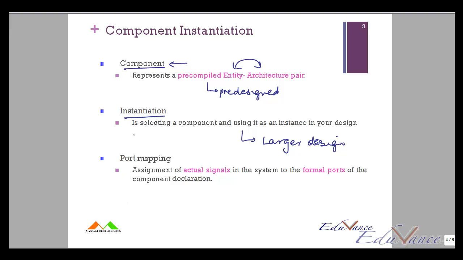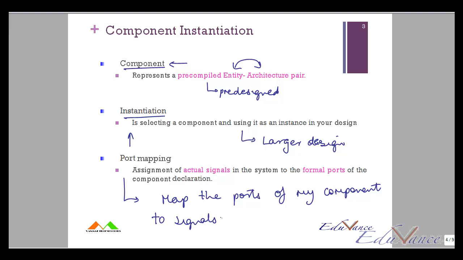And the method of instantiating a component and using it, we call it port mapping, is that we map the ports of my component to signals or ports in my larger design.